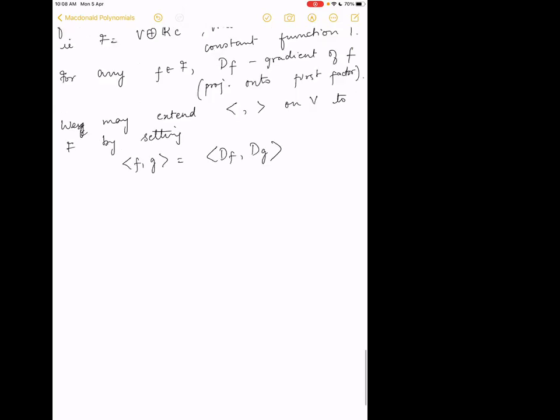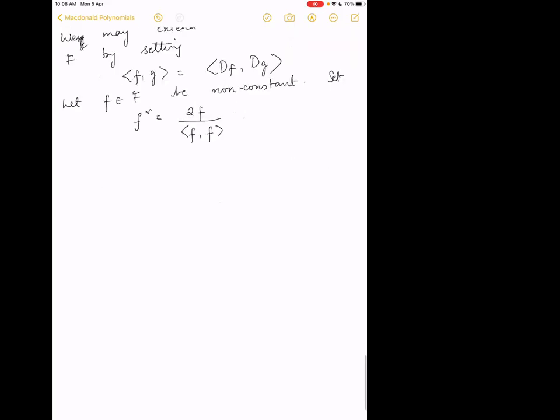Okay, and let f in F be non-constant. Then set f check to be 2f over this pairing, very similar to what we have for finite roots.